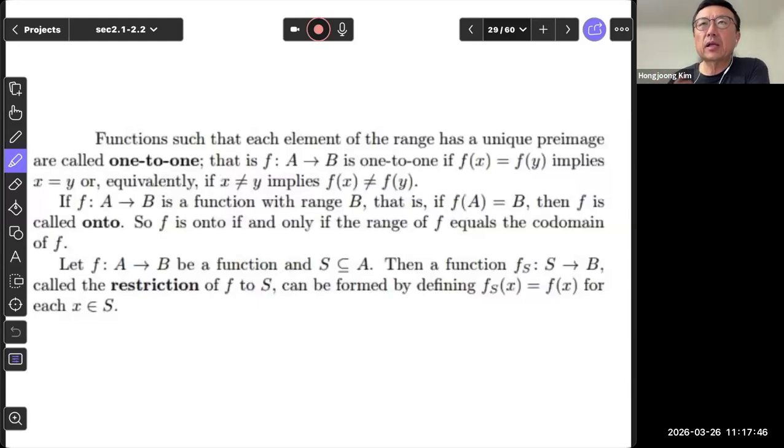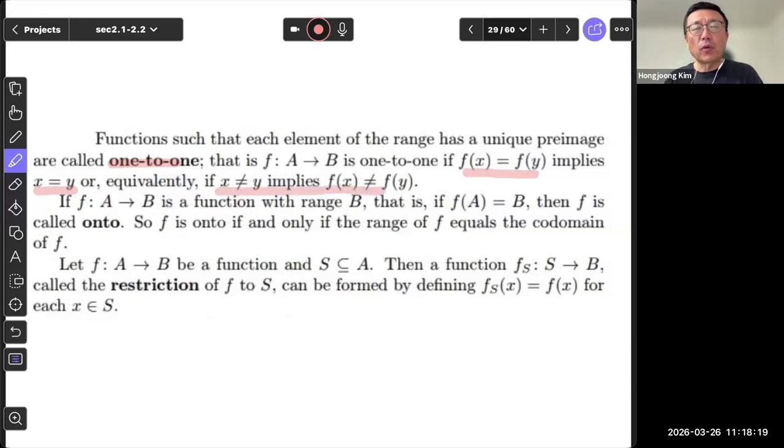Now, functions such that each element of the range has a unique preimage are called one-to-one functions. In other words, a function f from A to B is one-to-one if f of x equals f of y implies that x and y are equal. In other words, if you select any two different vectors from the domain, their images will be different.